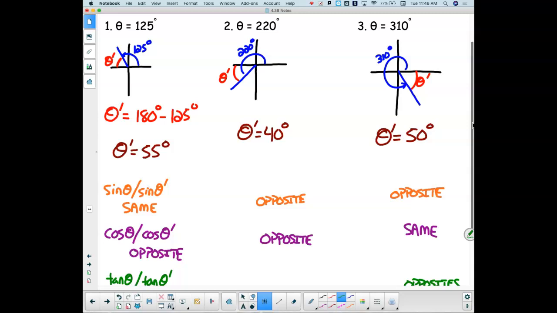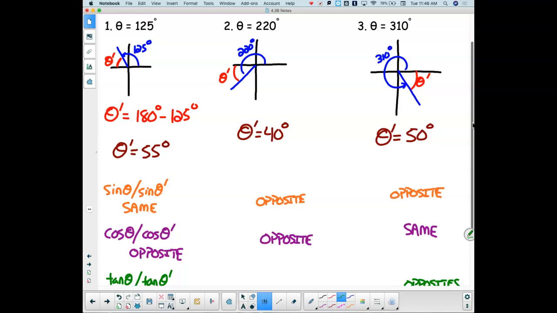Okay? Where is sine the same? In the first and second quadrants, right? Okay. Where is 55 degrees? First quadrant. So that means if my theta is in the second quadrant, they should be the same.